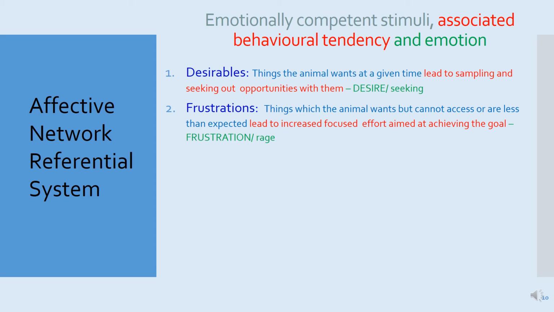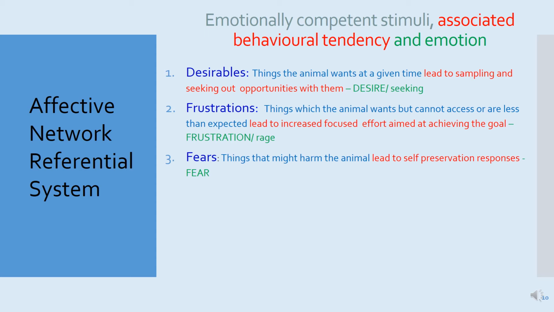Here, the animal is much more single-minded in the behaviour. I refer to the response here as a frustration response or potentially as a rage response. And rage was the term used by Panksepp to describe this type of affective circuit. But as I said before, I tend to think in terms of networks rather than circuits because the effects are much more diffuse than perhaps implied by Panksepp's work.